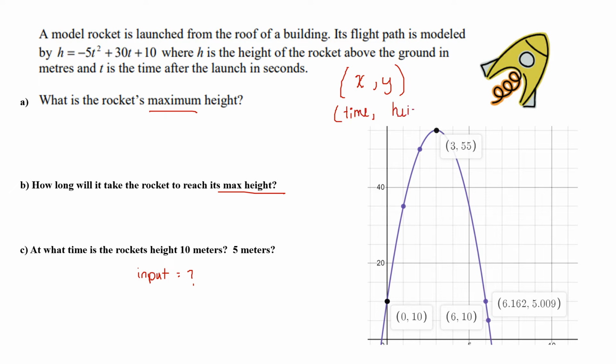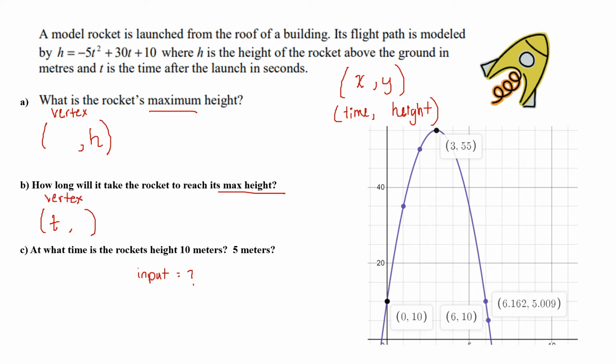Y is our height in meters, okay? So, the rocket's maximum height, we're looking for h out of the vertex, or the y value out of the vertex. How long it will take to reach that maximum height, we're looking for time, which we know is the x value from the vertex.